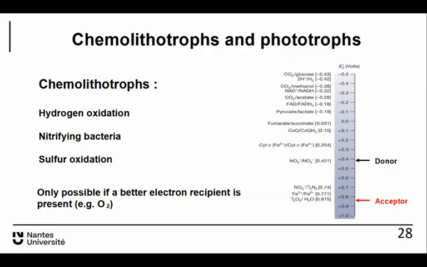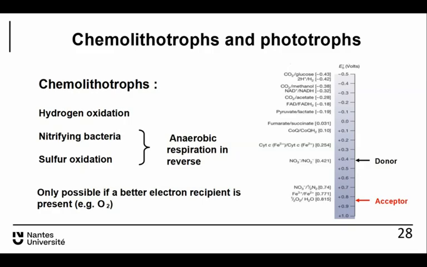And there are basically three types: hydrogen oxidation, nitrogen oxidation, and sulfur oxidation. Hydrogen oxidation is a bit exceptional, but these two, nitrogen or ammonium oxidation and sulfur oxidation, are just like anaerobic respiration in reverse.